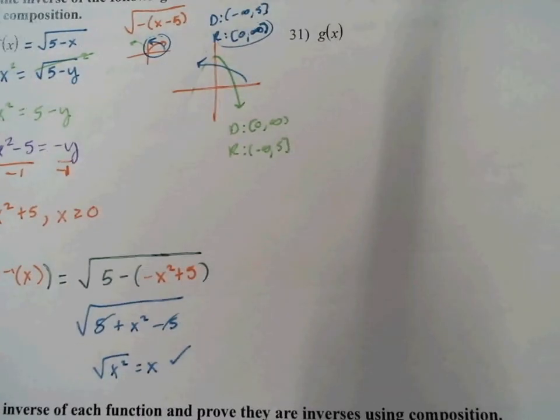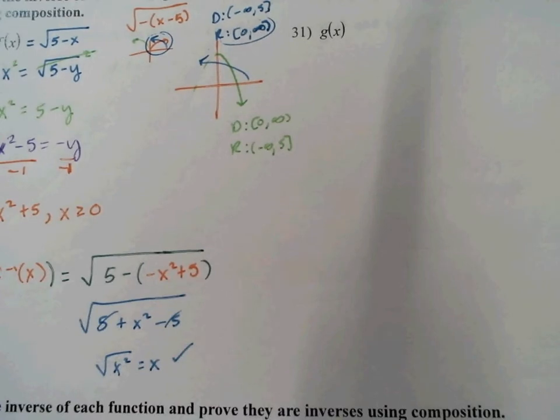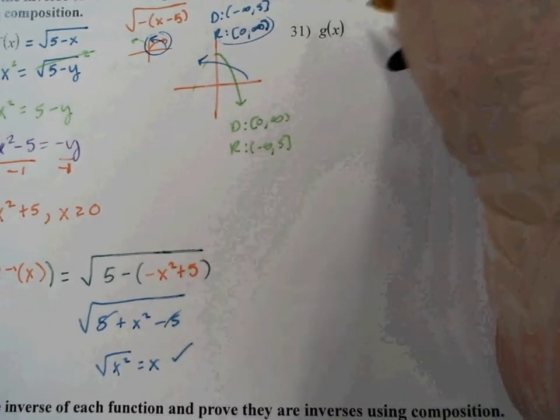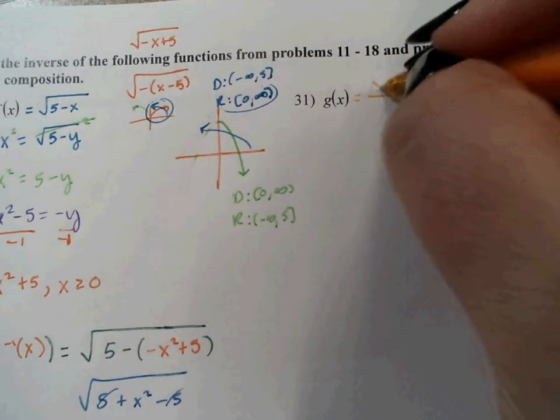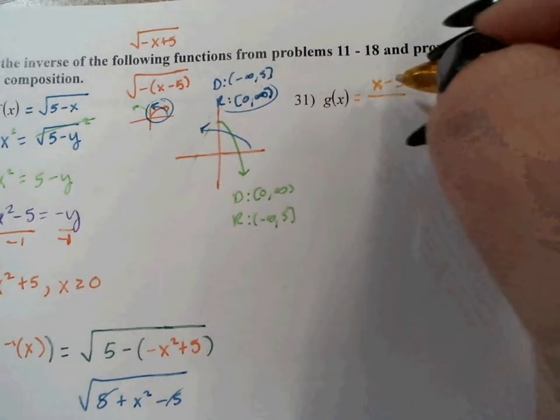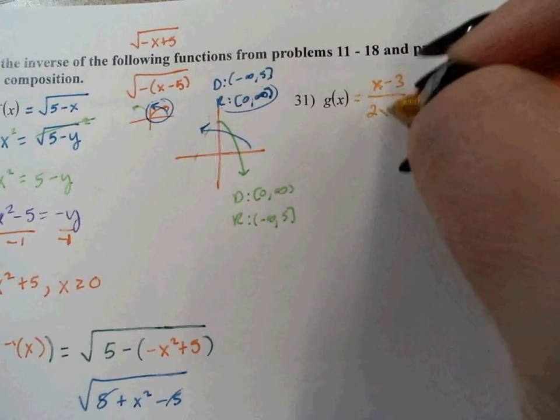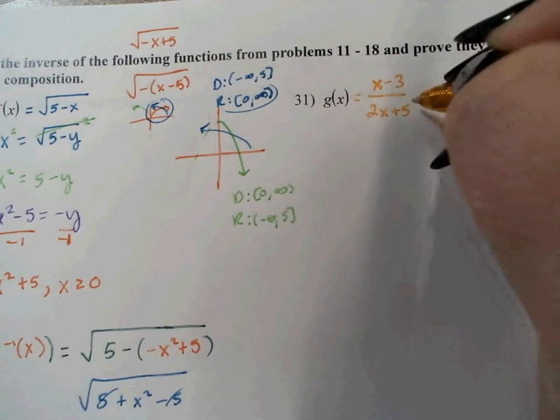Alright. So number 31, it says g of x. We're supposed to find the inverse of that one. So g of x equals x minus 3 over 2x plus 5.